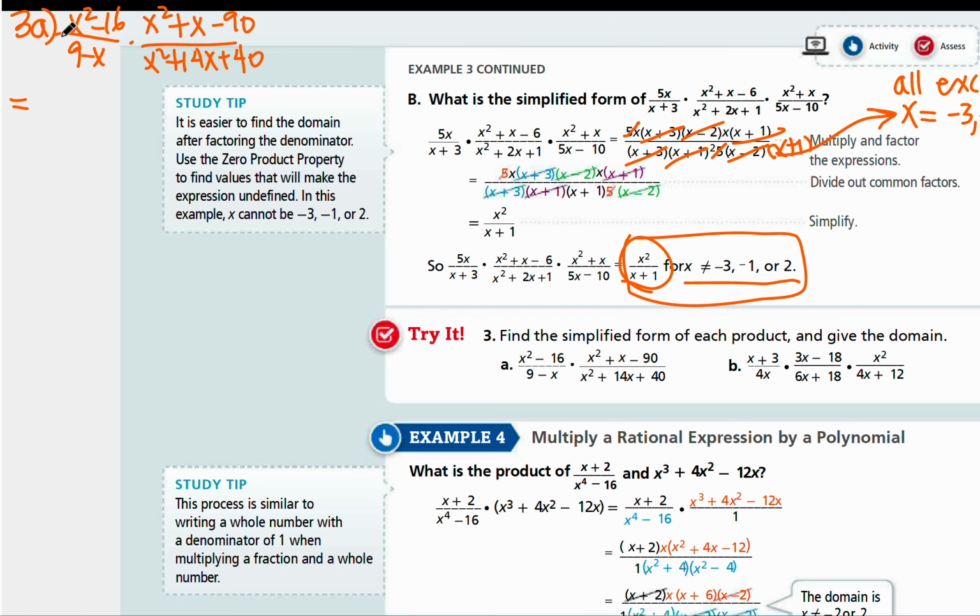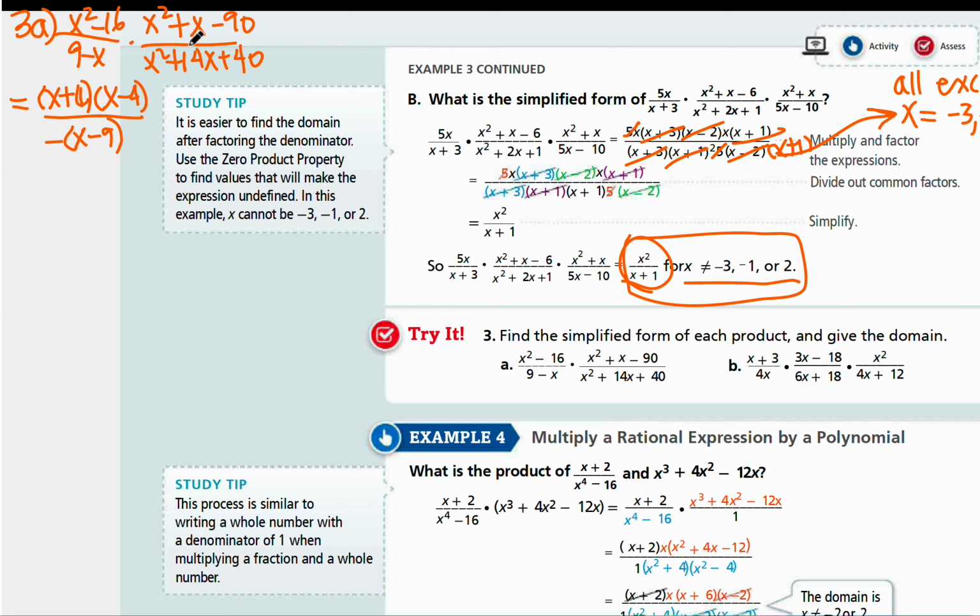So the first fraction, you can factor out using the difference of squares, x plus 4 times x minus 4. And then 9 minus x, you can factor out negative so that it's easier to see common factors. So and using commutative property, you can write x first as your first term. So negative parentheses x minus 9 would be the same as 9 minus x.